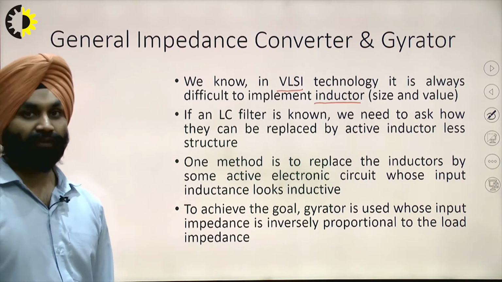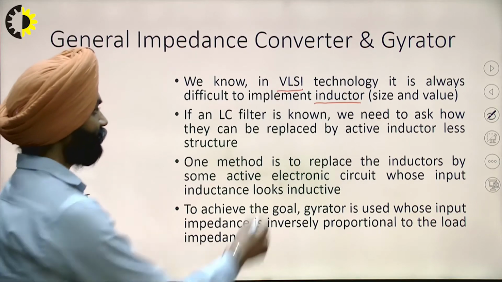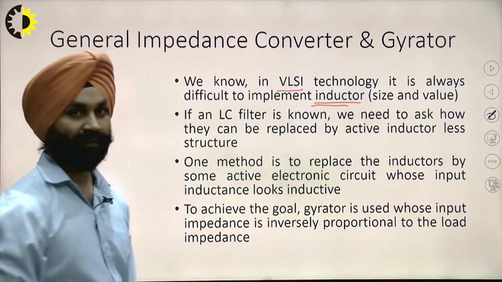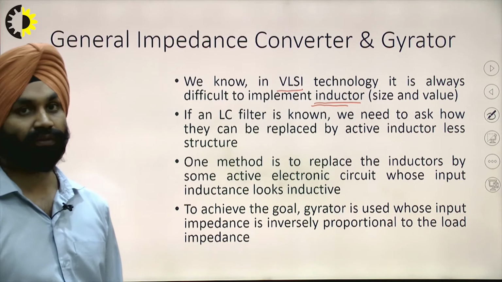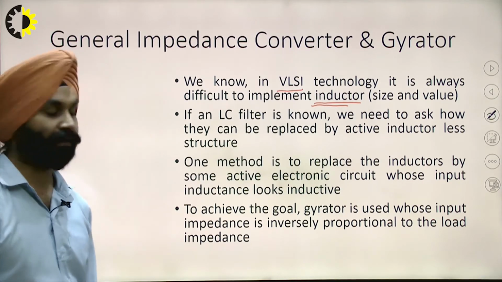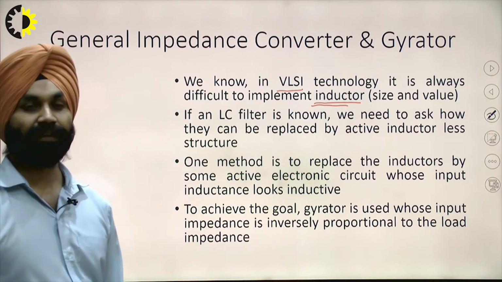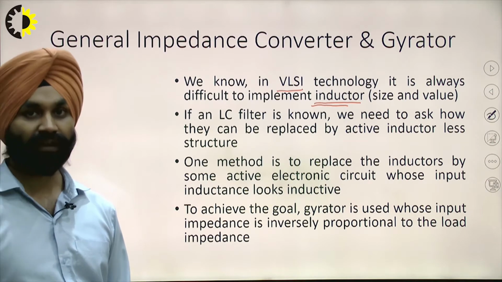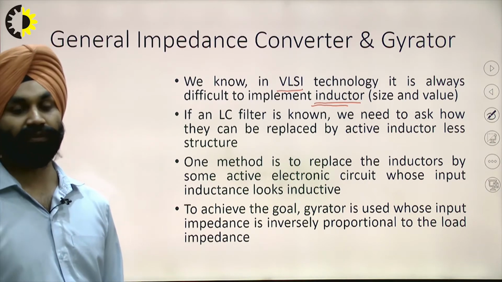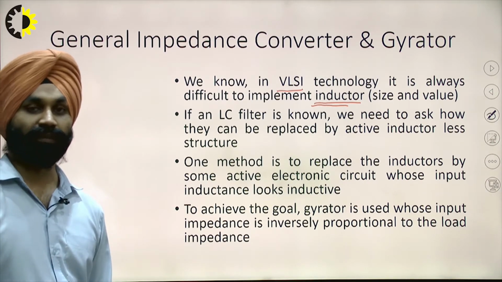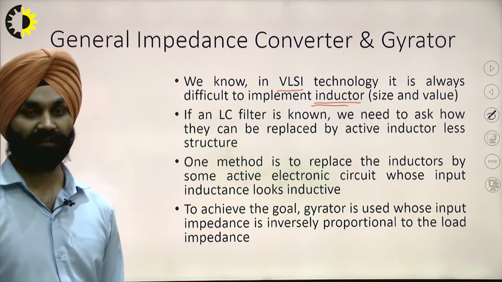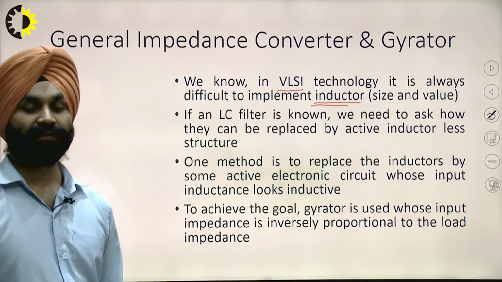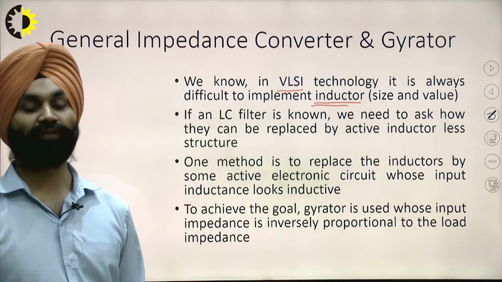Now as we know, the inductor is difficult to implement in VLSI design. So to replace it with a smaller structure which can be implemented using integration technologies, we need to have some replacement of the inductor.